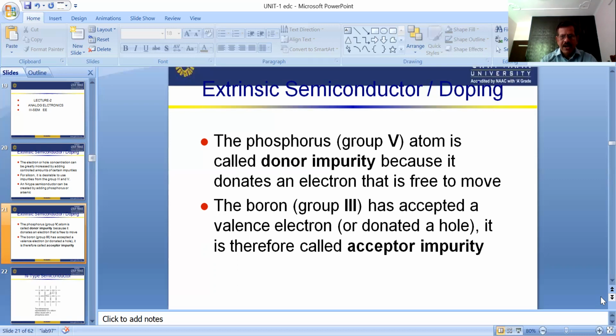It is therefore called an acceptor impurity. So group three elements are acceptors and group five elements behave as donors. These are the acceptor and donor impurities used for doping semiconductor materials.